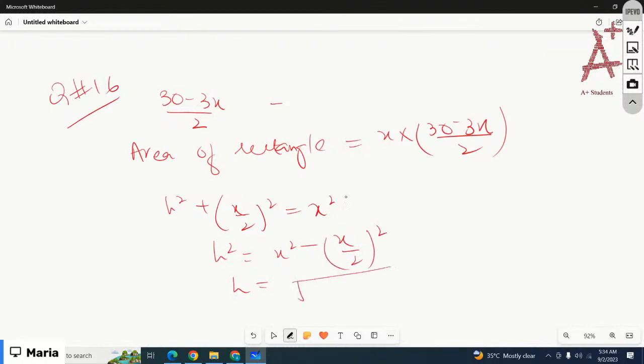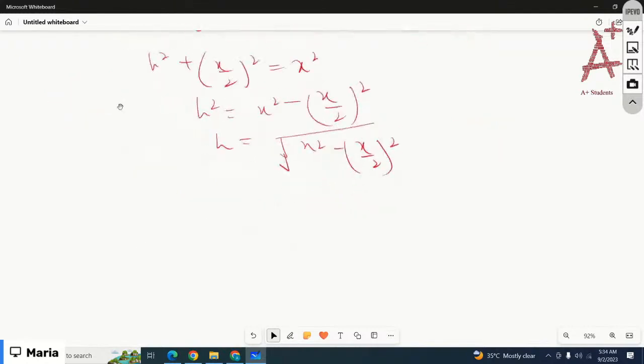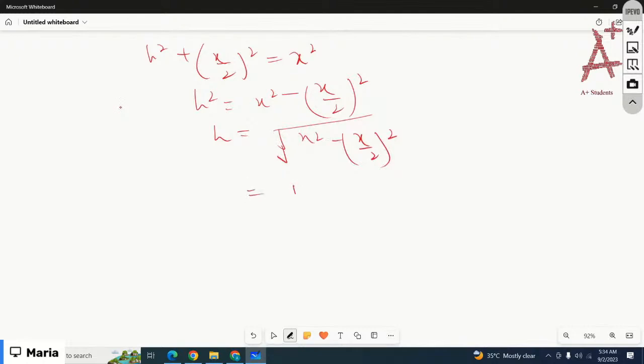And h is square root of x square minus x square over 4, which is square root 3 over 2 times x, right?